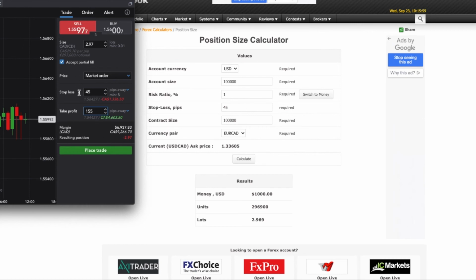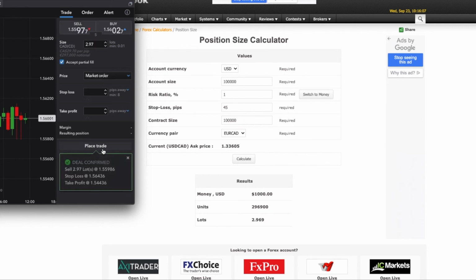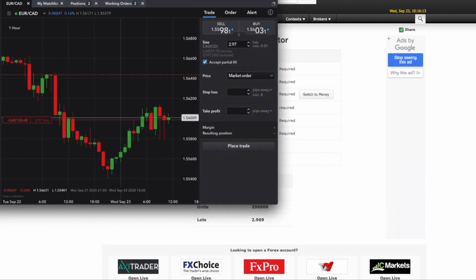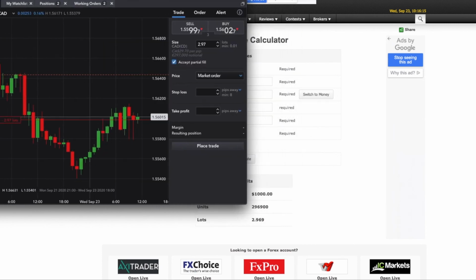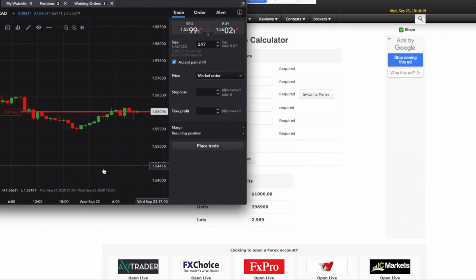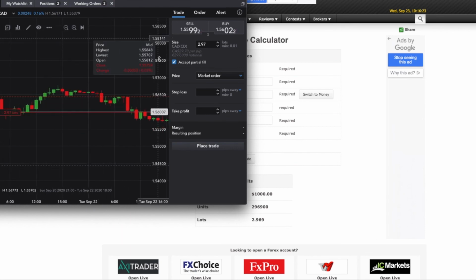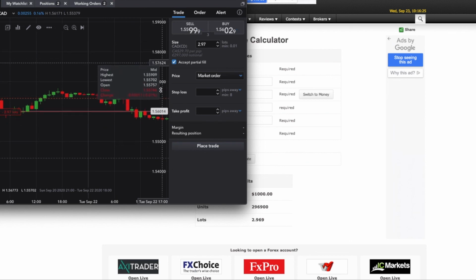And once all this is set, you just confirm the trade. And once I confirm, let's go ahead and place the trade. I always go and look at the chart on the broker just to make sure it looks like TradingView did whenever I entered.